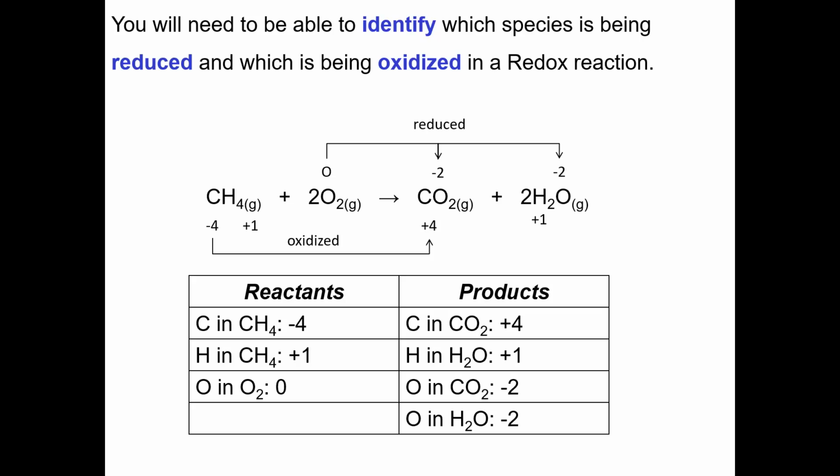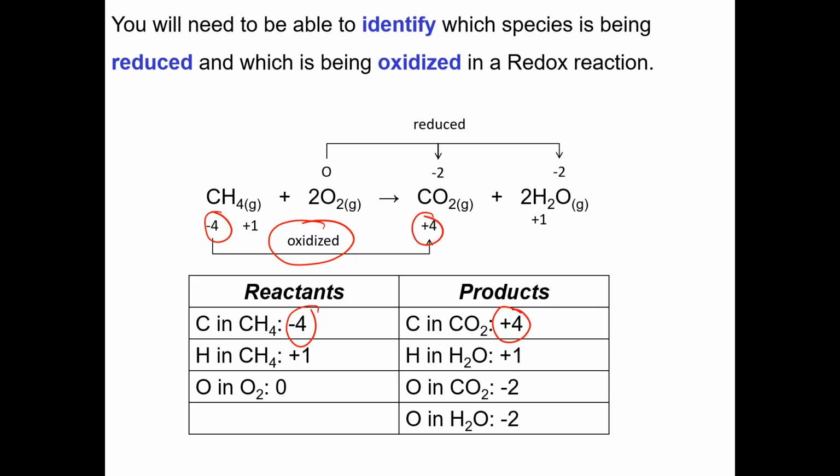So let's have a look at our example here. We assign oxidation numbers to every atom, and I hope you can see that the carbon in the methane changed oxidation number from -4 to +4, so that indicates that the methane was oxidized.